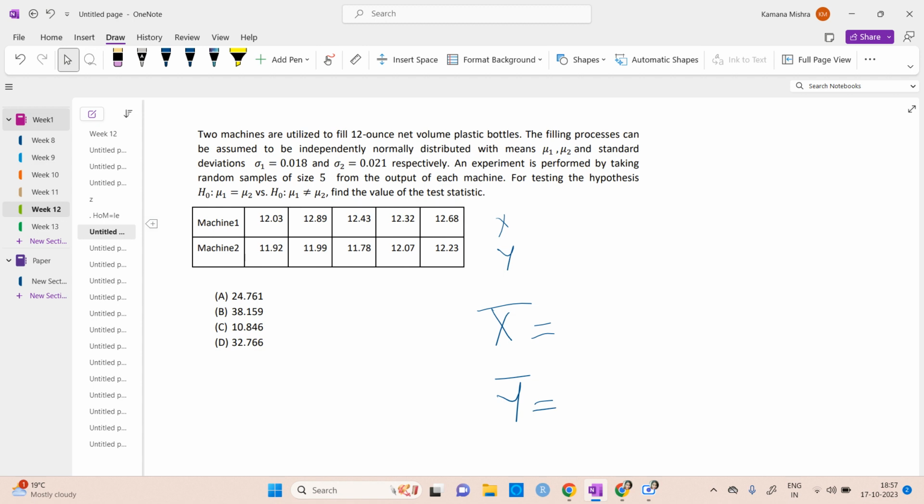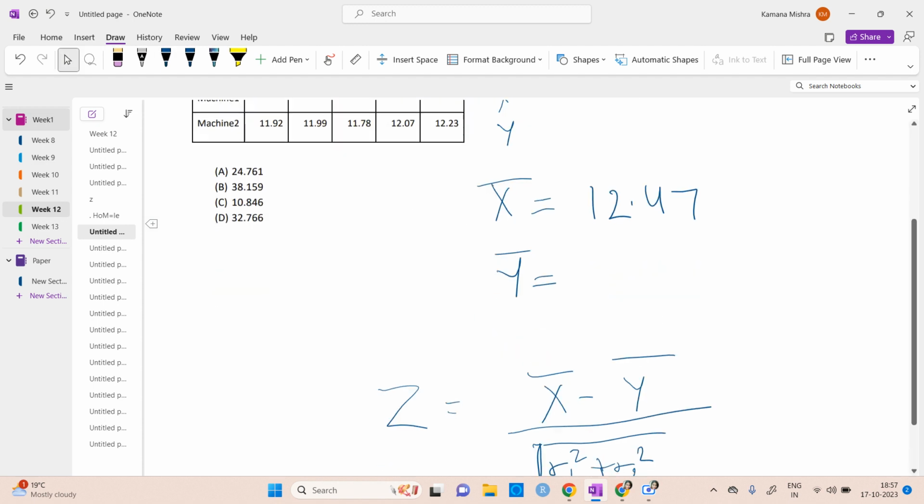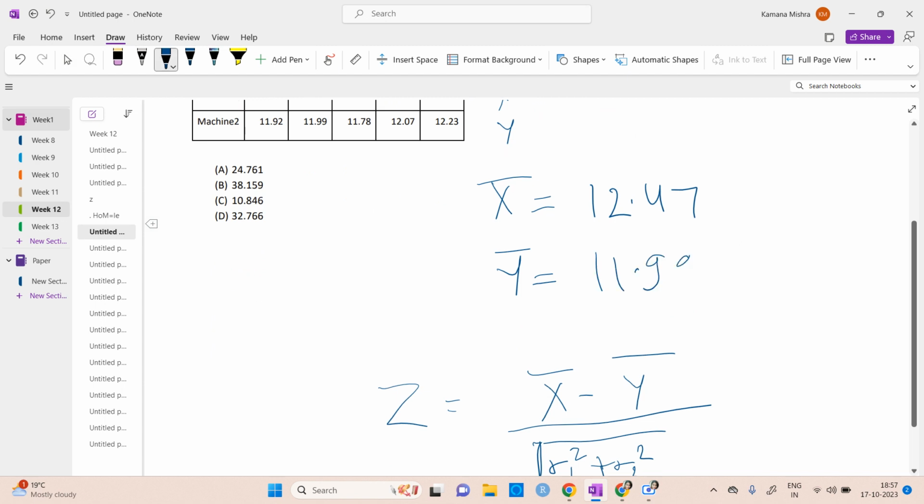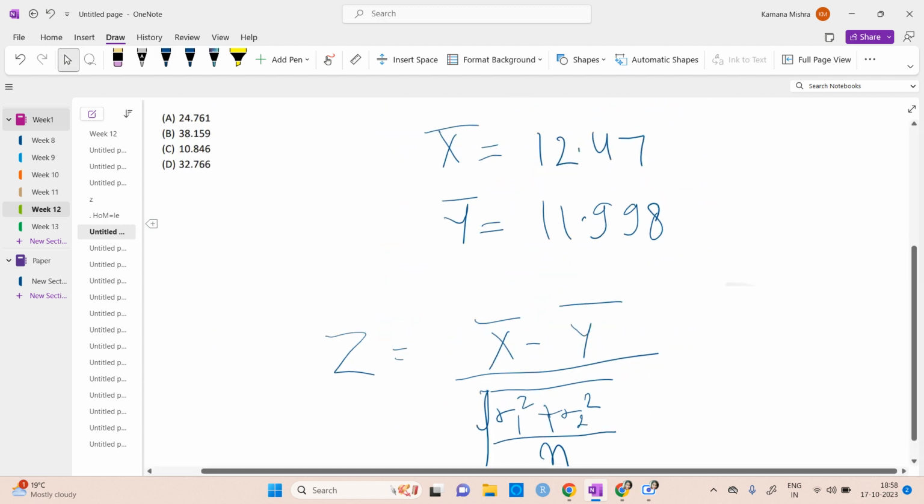It is 12.47, and this is 11.92, 11.99, 11.78, 12.07, 12.23. So this is 11.998, right? Now we can find the z.